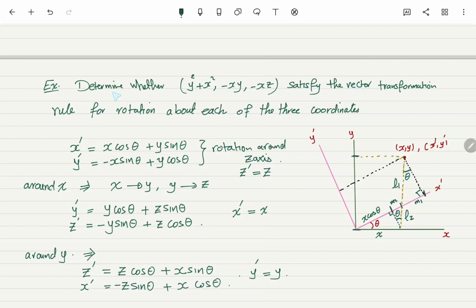Now, back to the example: determine whether y squared plus x squared, minus xy, minus xz satisfy the vector transformation.